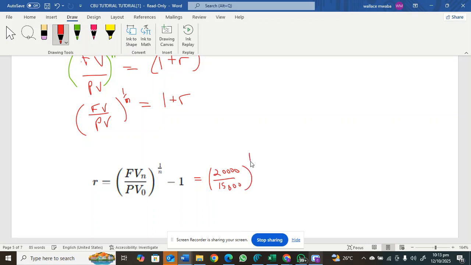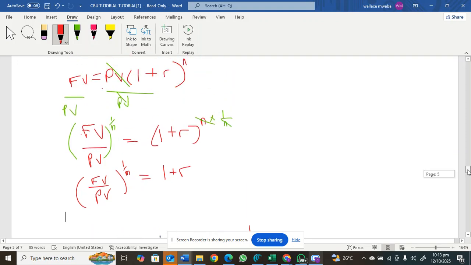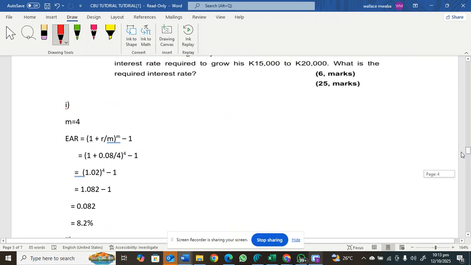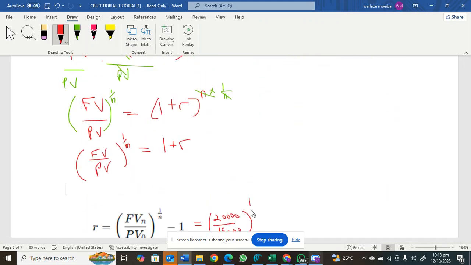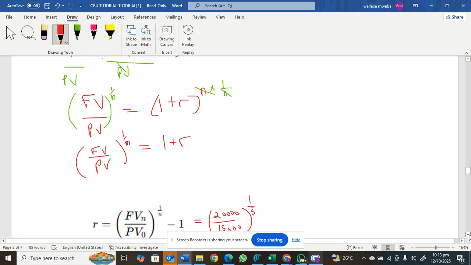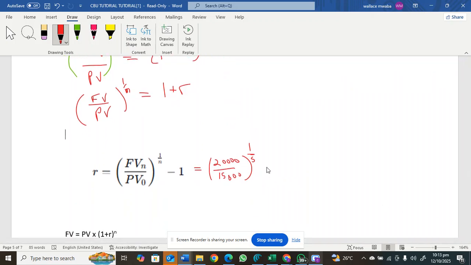The power is 1 over the amount of time, I think it was 5 years, if I'm not mistaken. 5 years, yes, 1 over 5, minus 1. So it's 20,000 divided by 15,000, we get 1.33.